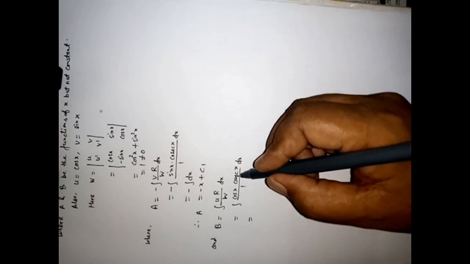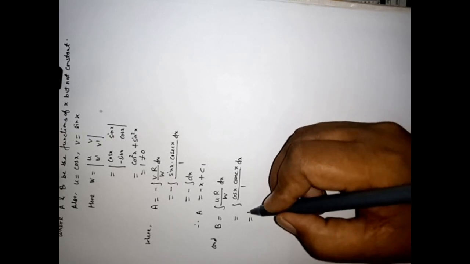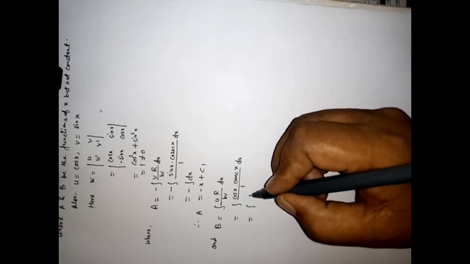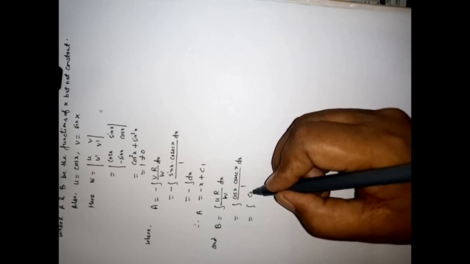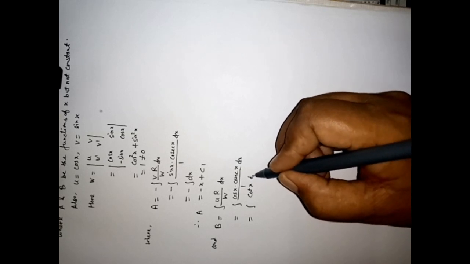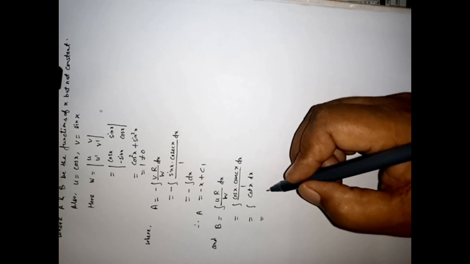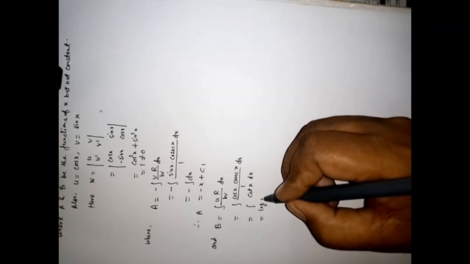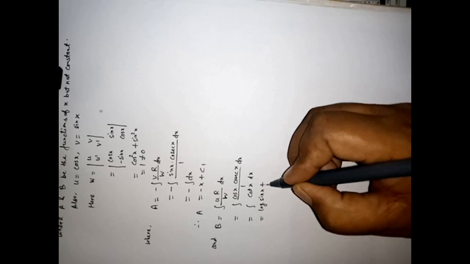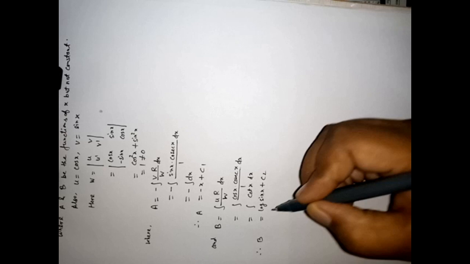This gives cosec x means 1 by sin x, so this gives integral cos by sin, that is cot x dx. Now integrating this, we get integral of cot x, that is log sin x plus a constant c2, that is B is this.